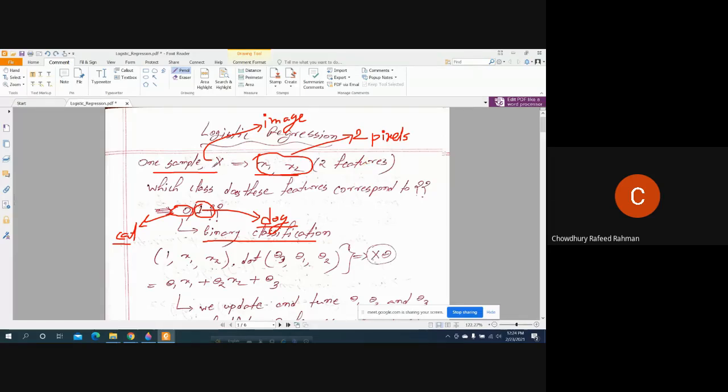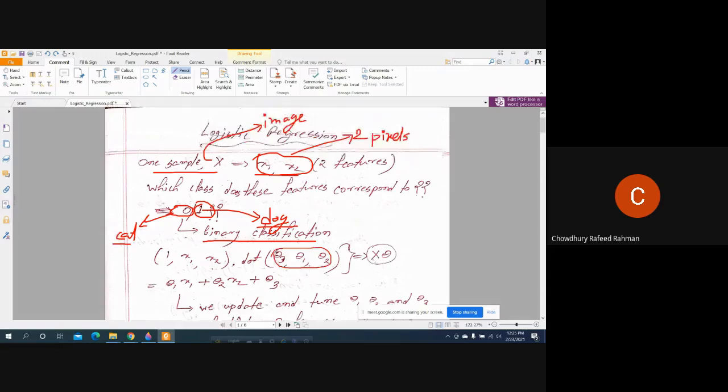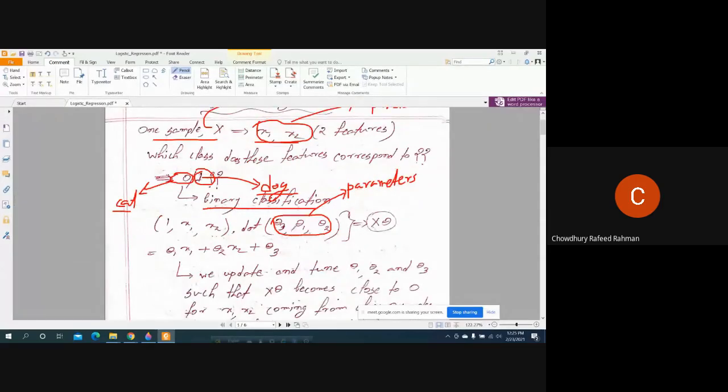Now, in a learning-based algorithm, what we do is we learn some thetas. These thetas are parameters. We shall cover the learning aspect of these thetas a little bit later.